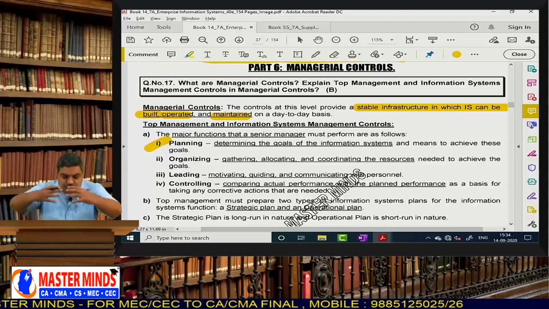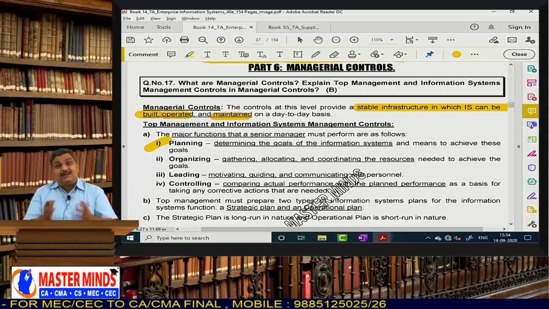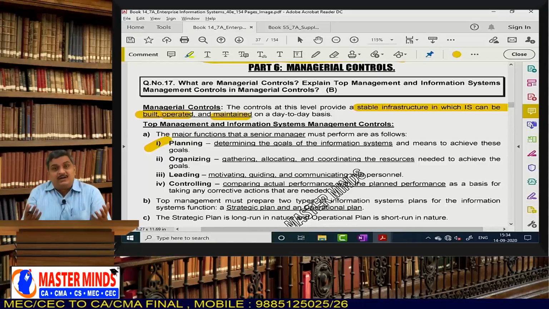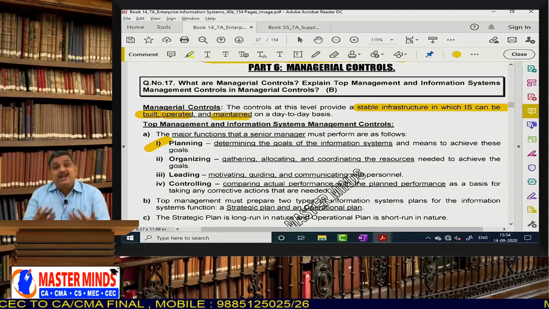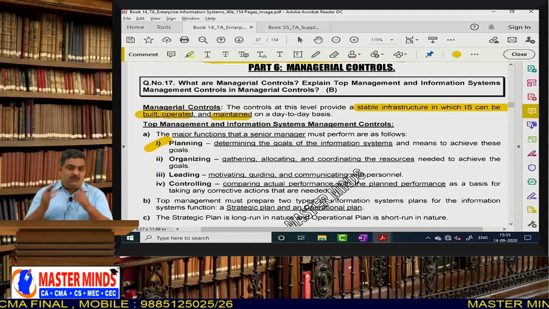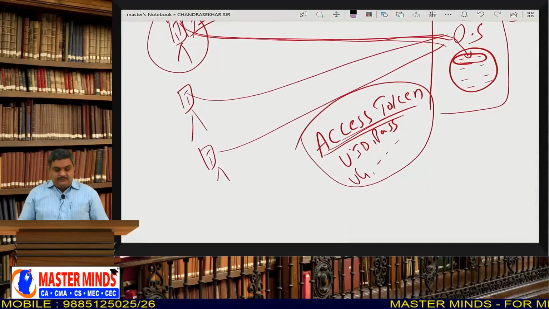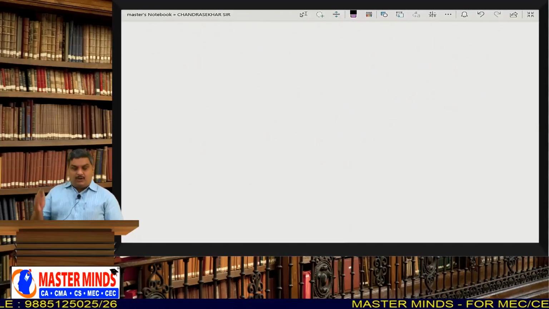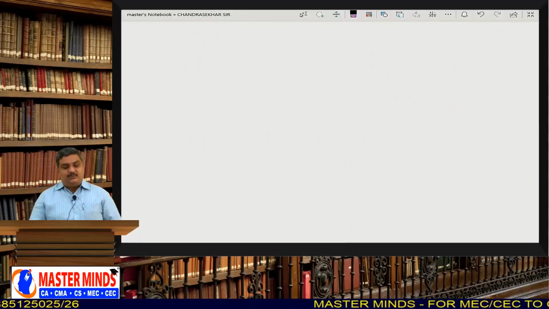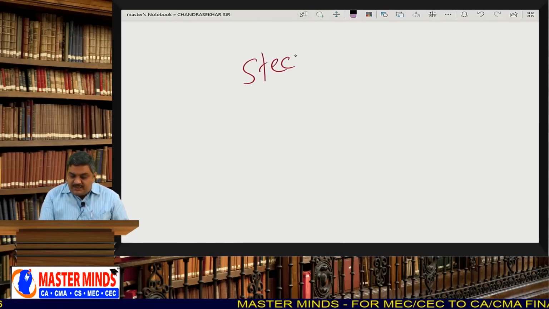By constituting all these members, a committee is formed, and that committee will look after the building and operation of the information system. One more time I am telling you: the top level management in an organization will constitute a steering committee.